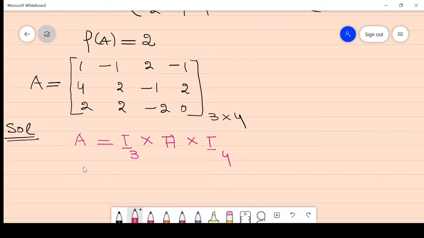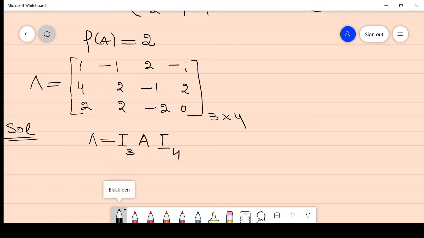So simply we can write it as I3 into A into I4. So this statement can be written as A equal to I3 into A into I4, because it is of 3 by 4 order. So we can multiply in this way, otherwise we will not get the result.